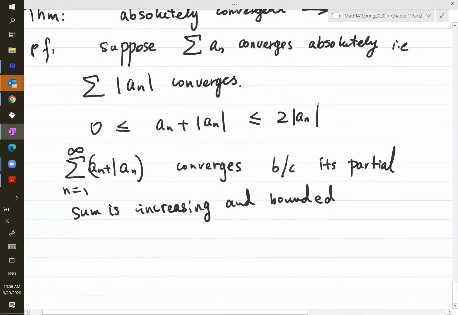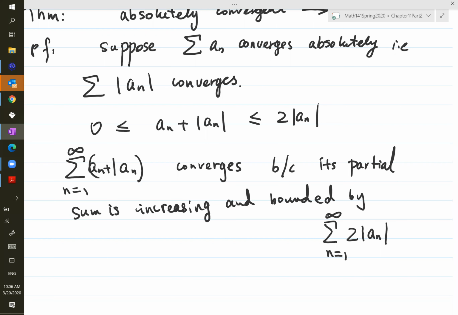The reason why it's bounded is because it's bounded by this sum, twice the value of |a_n|, the sum of this thing, okay? And then this twice the sum of |a_n| from 1 to infinity is finite.